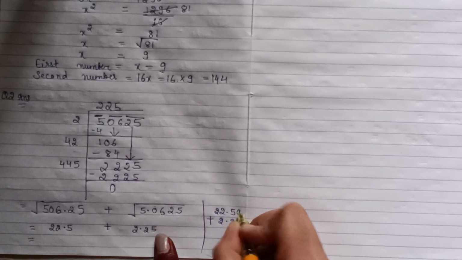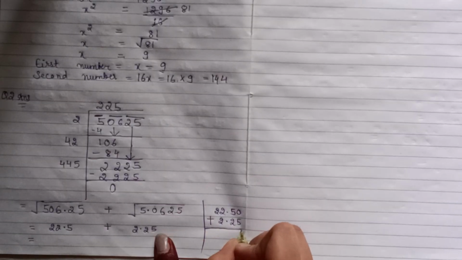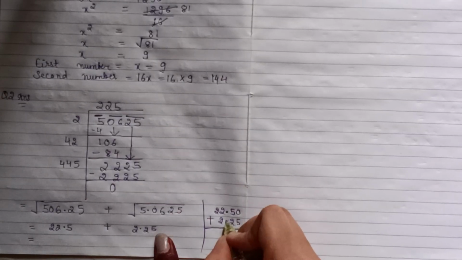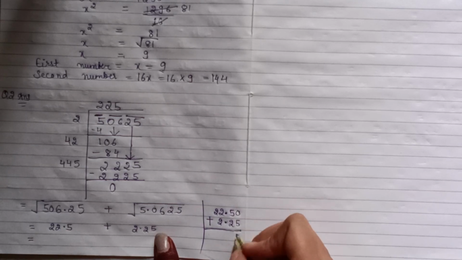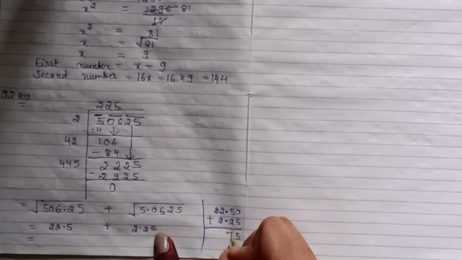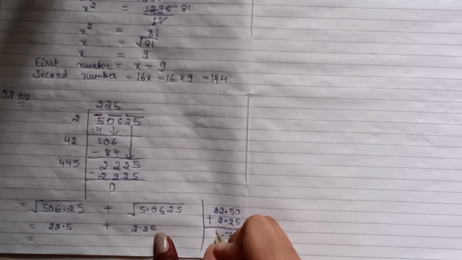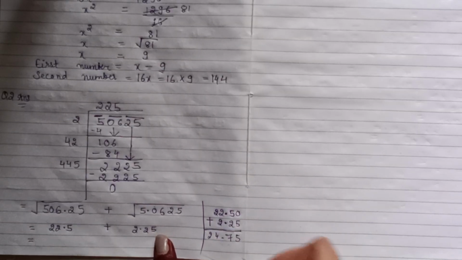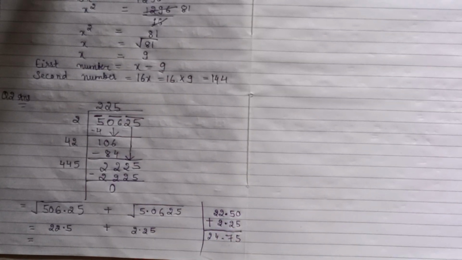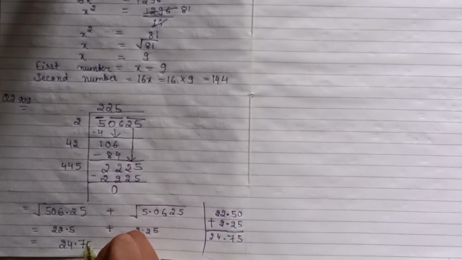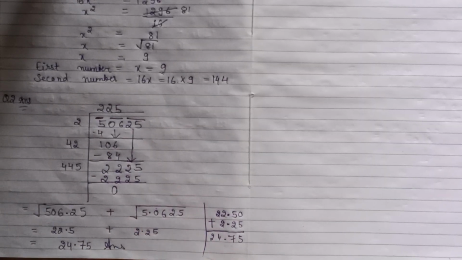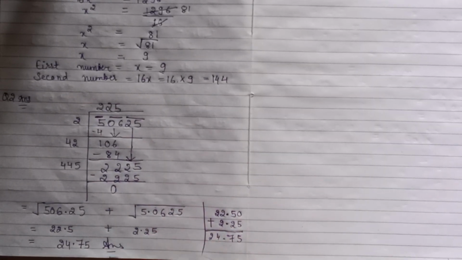I put here 0. Place the decimal down below the decimal. Then add them. 0 plus 5 is 5. 5 plus 2 is 7. Then point 2 plus 2 is 4. And here 2. Our answer is 24.75. This is our answer of this question.